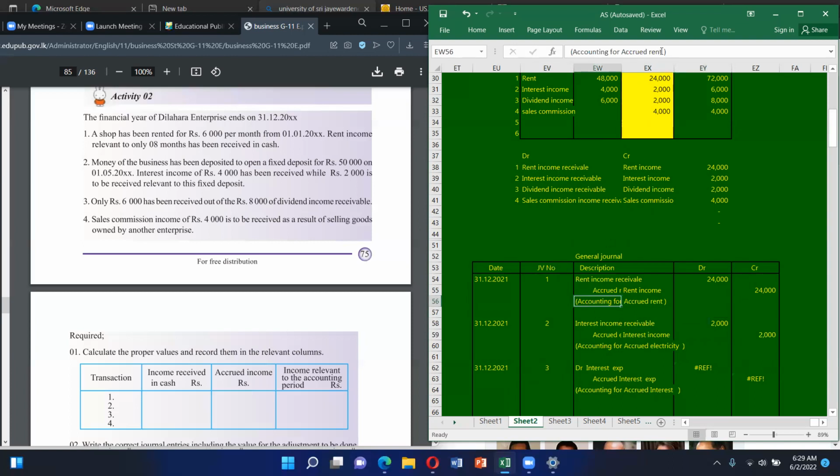Accounting for accrued rent income. And then accounting for accrued interest income.